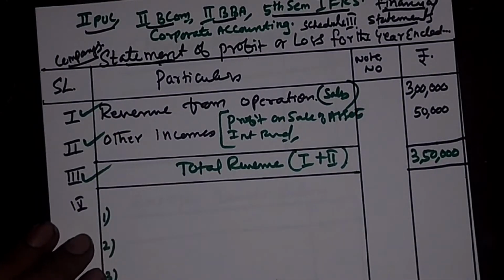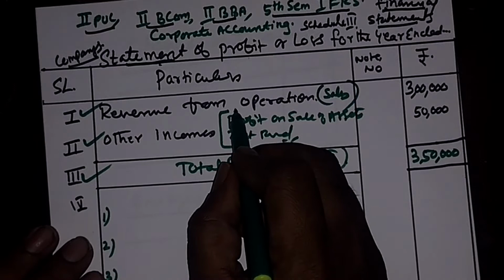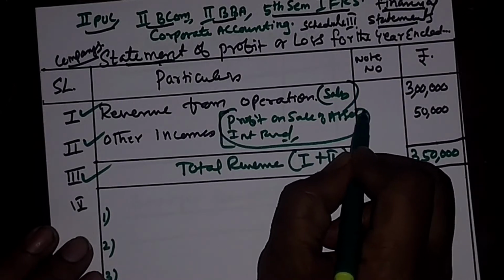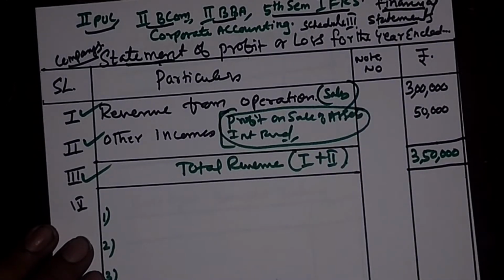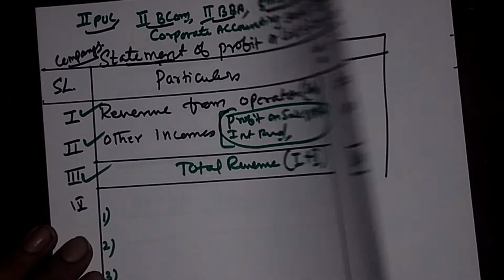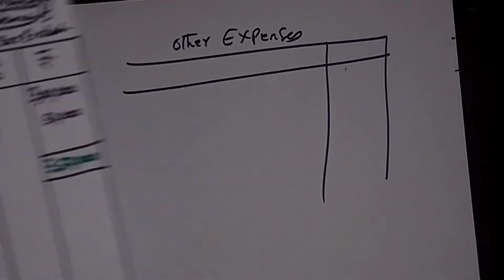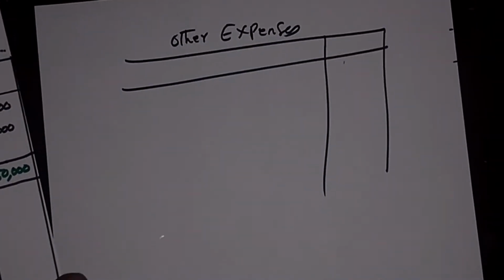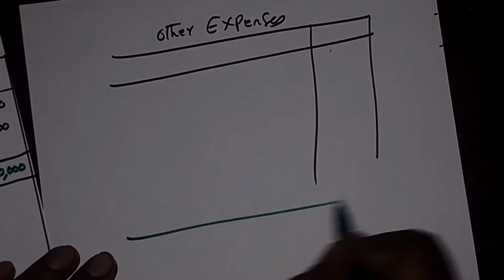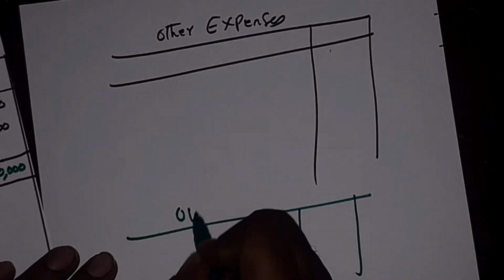operating activities. So in case all these entries are given separately, we have to maintain separate calculations like this. For example, I'll write here other incomes.